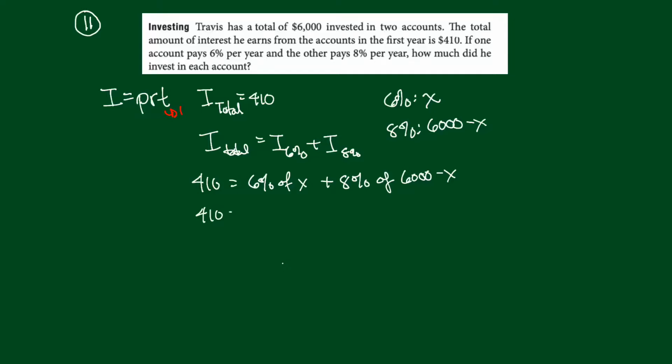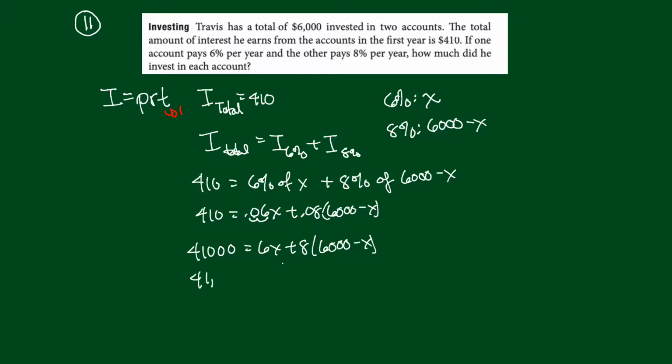Let's rewrite it. 410 is equal to 0.06X plus 0.08 times 6,000 minus X. Now I'm going to multiply by hundredths. Move that decimal point over 2 places, but you have to do it everywhere. Here, here, and here. So doing so, that will give us 41,000 equals 6x plus 8 times 6,000 minus x.